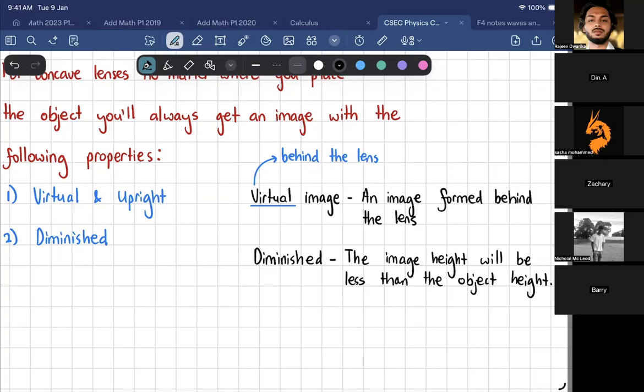Yes, sir. After you take the picture and look at it on your phone, what do you call that? Yeah, you call that the image, right? If you have something in real life, you have an object, and you take a picture of the object and you get an image.